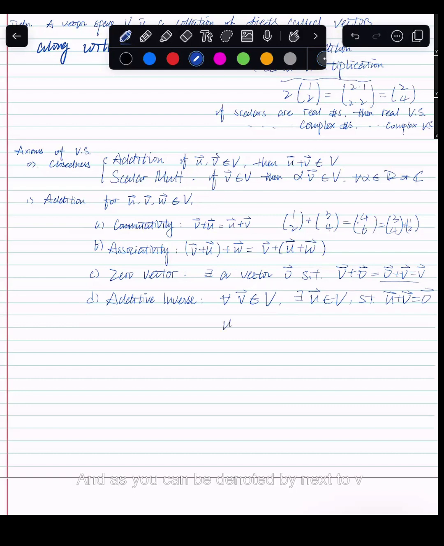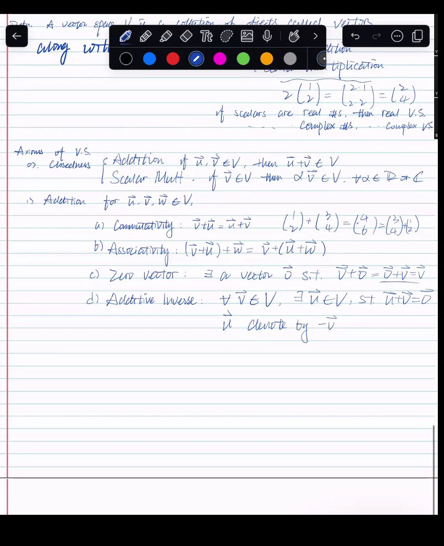And this u can be denoted by negative v. All right, these are about additions.